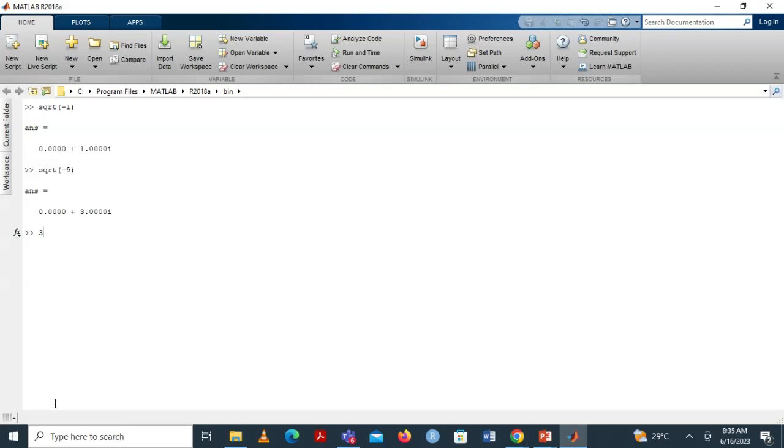So I have both the real part and the imaginary part. In this case, you can see we have one side as the real part, one side as the imaginary part. MATLAB automatically handles calculation with complex numbers.